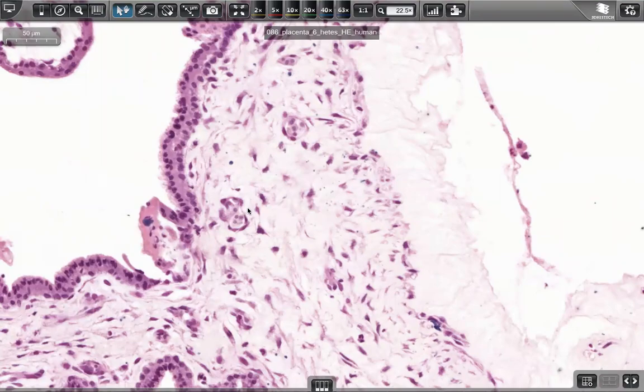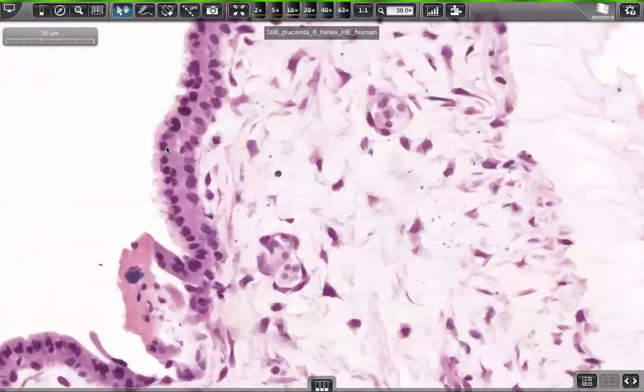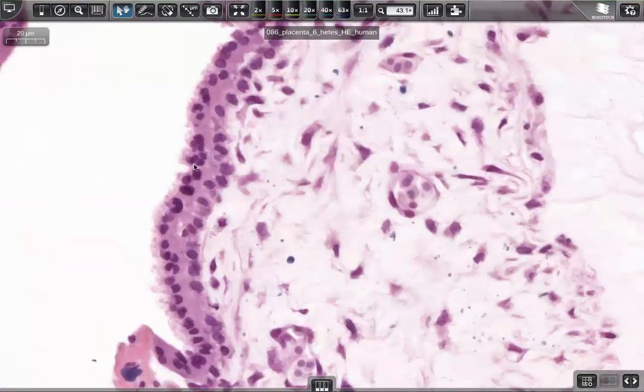Now let's see what we can see now. The outermost layer is called the syncytiotrophoblast. That's the syncytiotrophoblast layer, the outermost one.